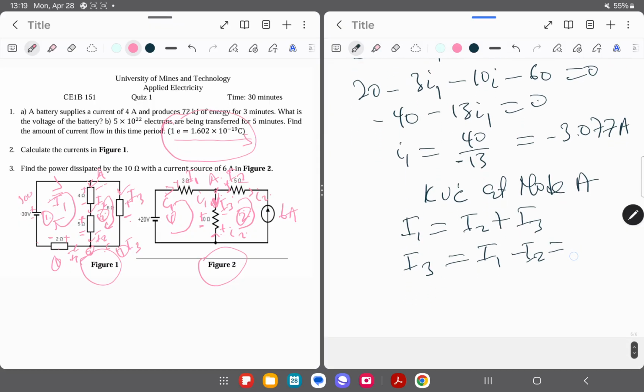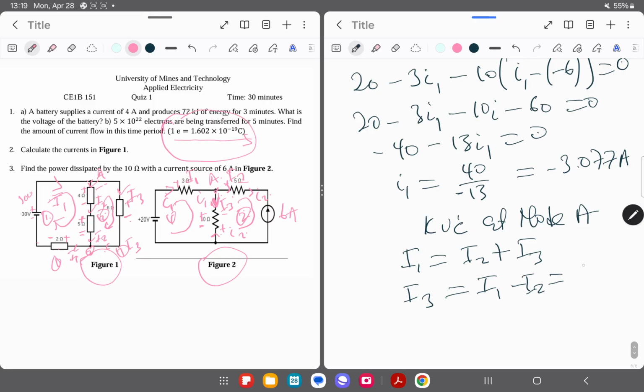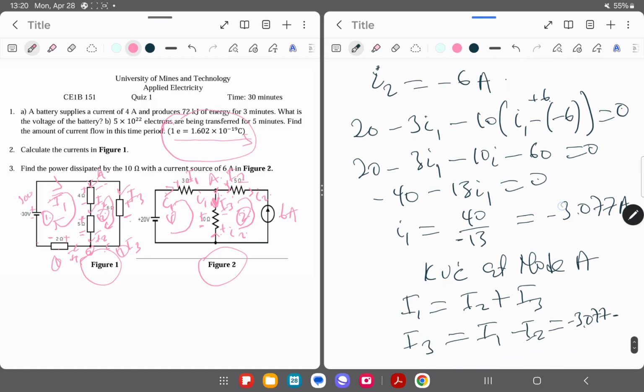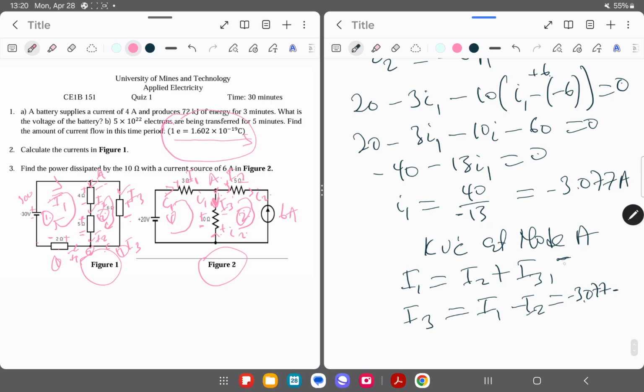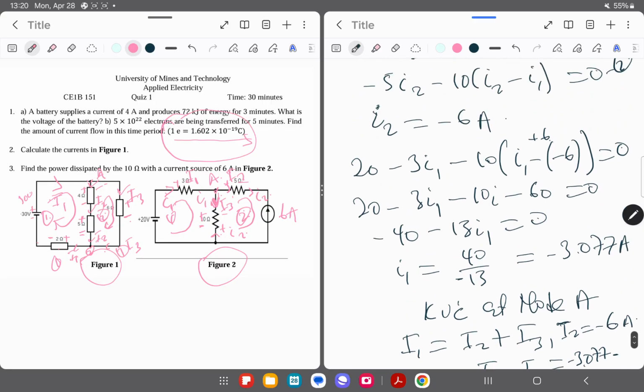I1, which is minus 3.077, right, minus I2, and you can see this real current I2 here is going to be equal to minus 6 amps, the mesh current I2.